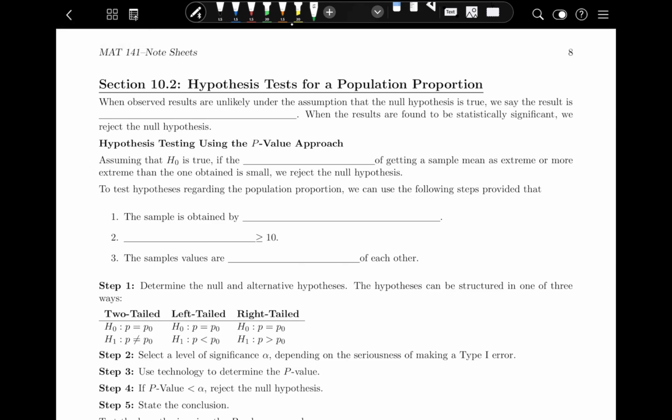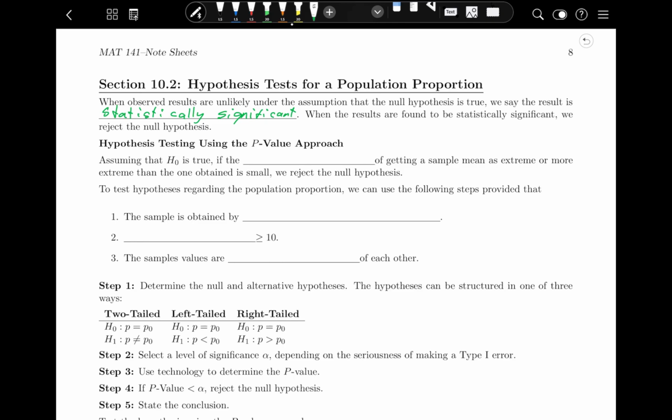When observed results are unlikely under the assumption that the null hypothesis is true, we say that the result is statistically significant. When the results are found to be statistically significant, we reject the null hypothesis.